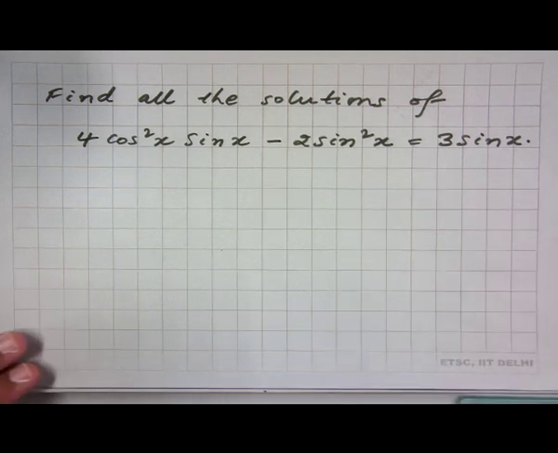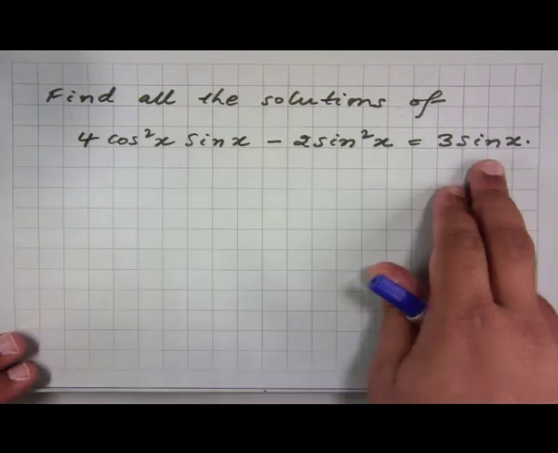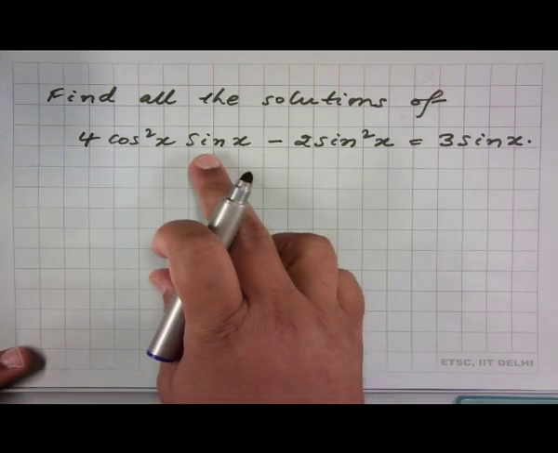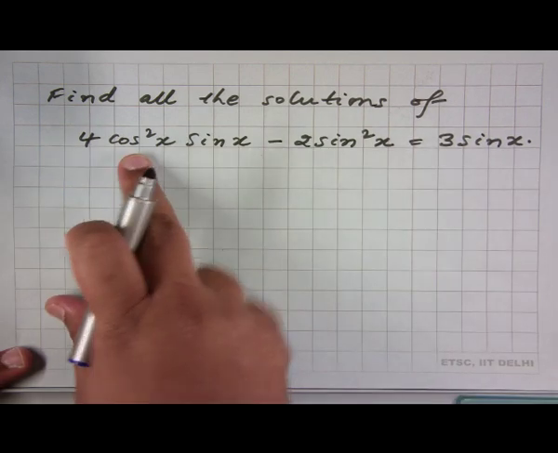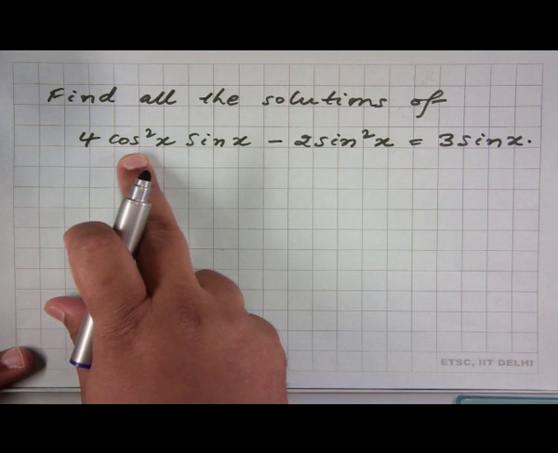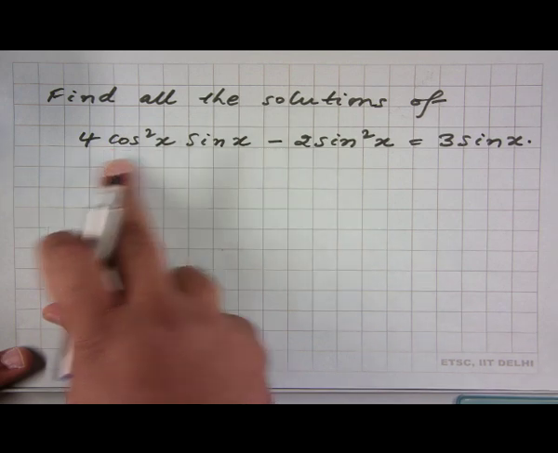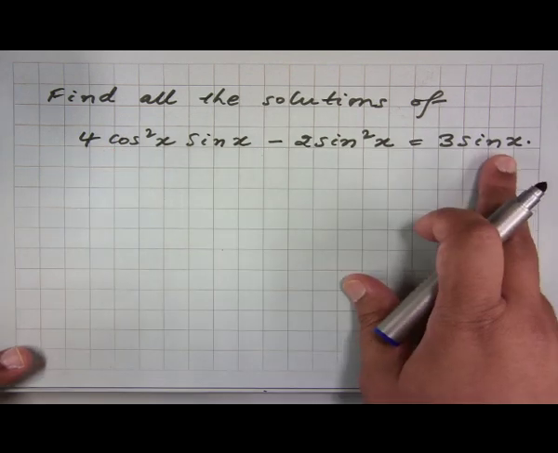So, we have to find all the solutions to this trigonometric equation here. What we see here is that we have sin x everywhere except in the first term we have a cos square x. So, if we replace this in terms of sin x, then we are going to get a polynomial in sin x.